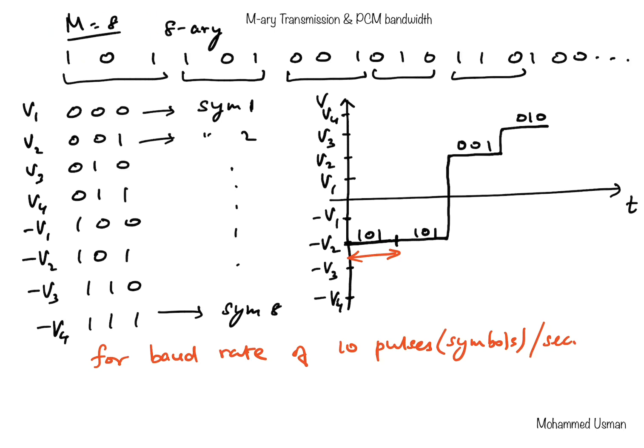Okay, so for the baud rate of 10 pulses per second, the bit rate is 30 bits per second. Now what we see is that we have increased the bit rate without increasing the baud rate or the symbol rate.